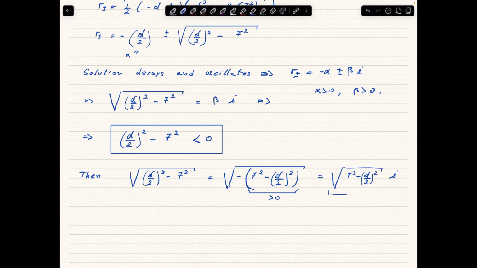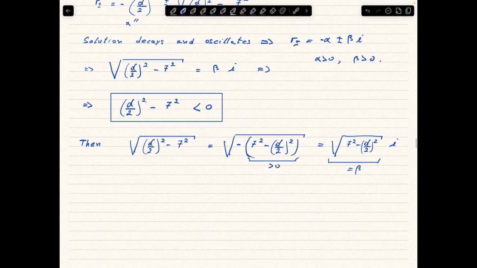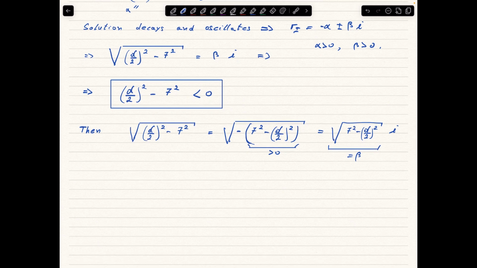This number is what we called in the previous analysis beta. That number depends on d, but the important thing is the condition: d over 2 squared minus 7 squared negative, because d is positive, means that d over 2 has to be smaller than 7, which means that d has to be smaller than 14.